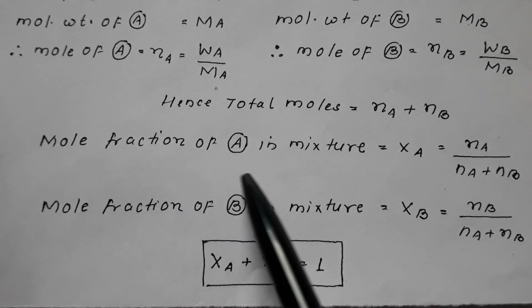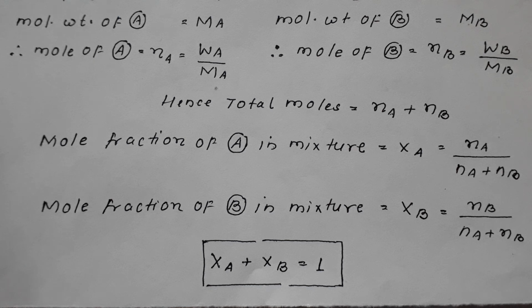So the mole fraction of A is Xa, the mole fraction of B is Xb, and very important, the sum of mole fractions of all the components present in a mixture of two or more components will always be 1.